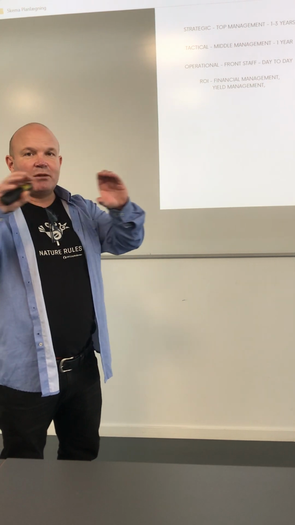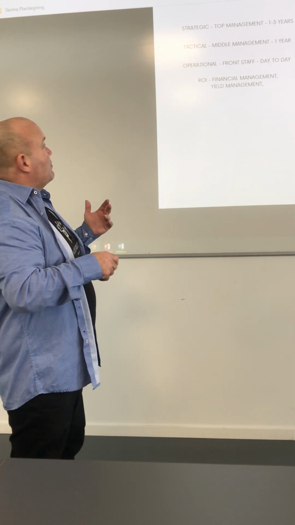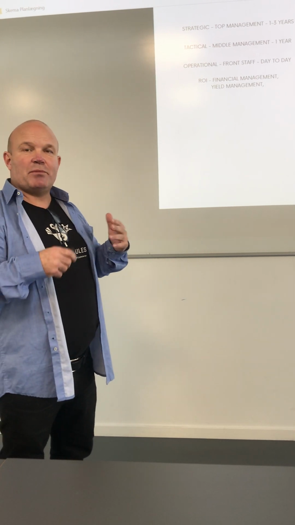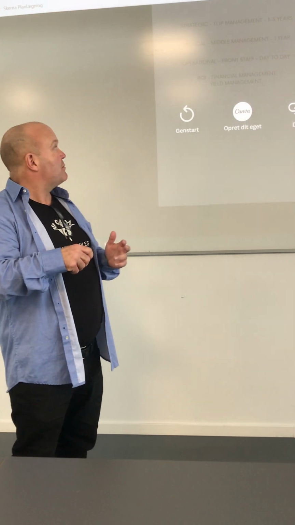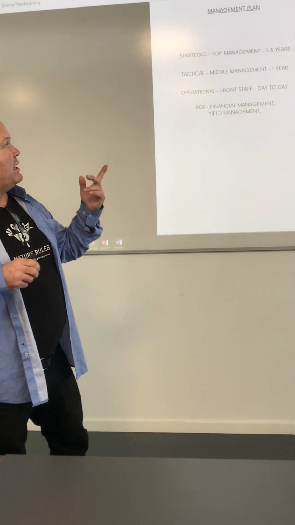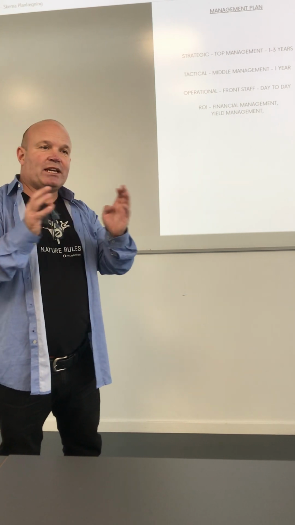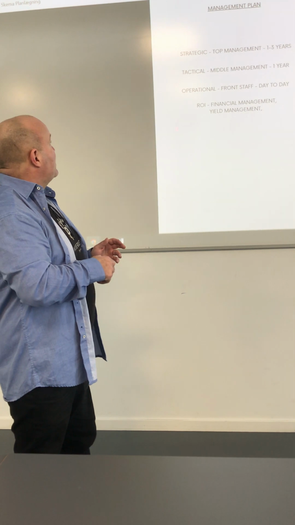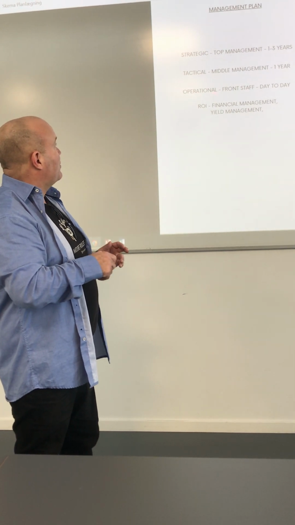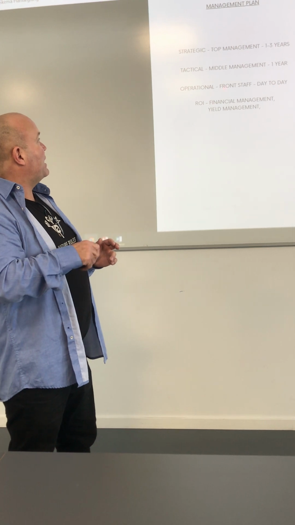It is the middle managers, the ones that are usually fired in a company, because they are usually too many and they have maybe overlapping tasks. And then you have the operational, which is day-to-day, and that is what I am, for instance, front staff. You have your weekly, your monthly plan for what to do. And this is also where the ground force is, yeah? So this is the triangle, yeah?